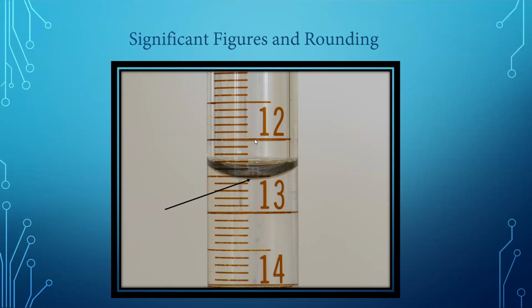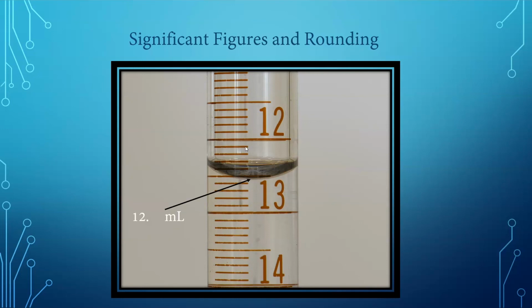If we take a look at this burette, we can see that the volume is definitely between 12 and 13. So clearly the volume is 12 point something milliliters. But we can do better than that. We can be more accurate than just 12 milliliters. Each of these increments, you can see that there are 10 of them between 12 and 13, which means each one is a tenth of a milliliter.